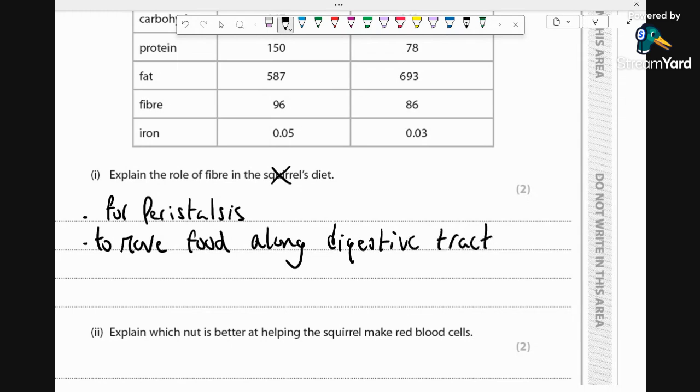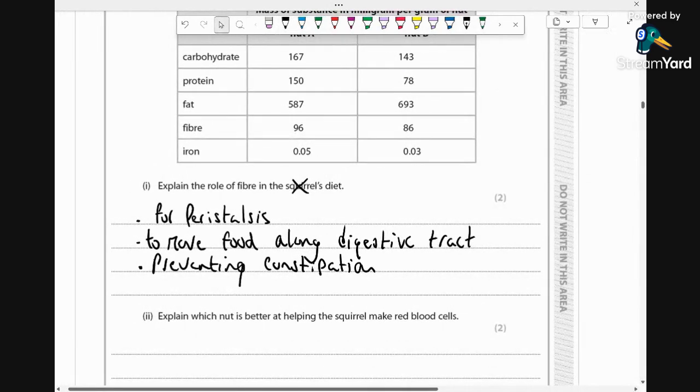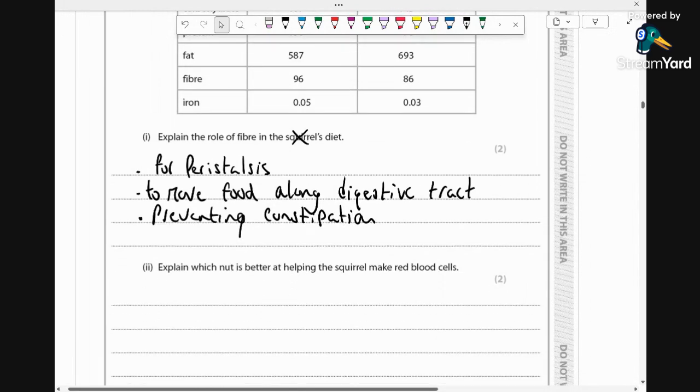And I guess prevent sort of constipation, preventing constipation. So I've given 3 things there, but it's important to give the detail for 2 marks.